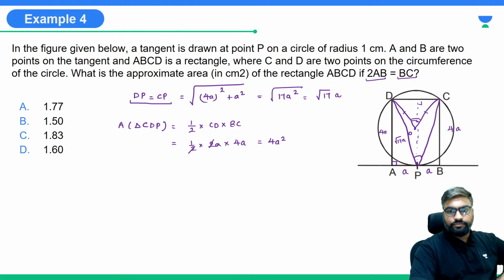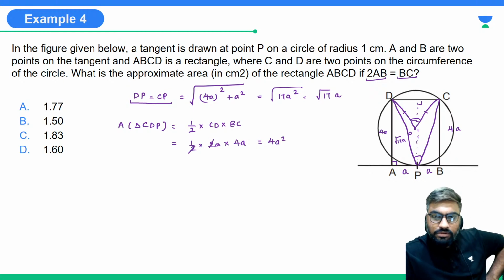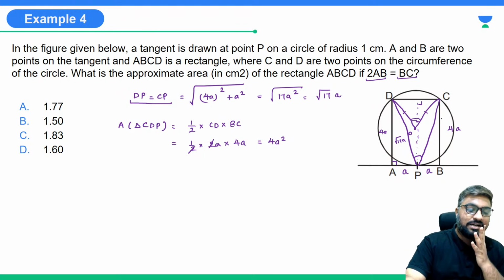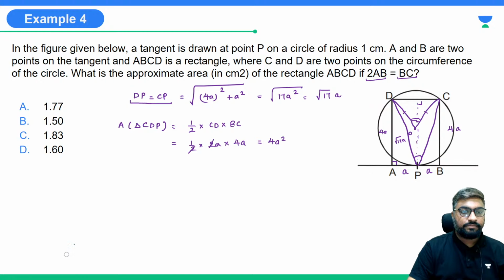Now, if you look at this particular triangle, triangle CPD, look at triangle CDP guys. So triangle CDP is actually inscribed in this circle, correct? So can I say the circle is a circumcircle for triangle CDP?